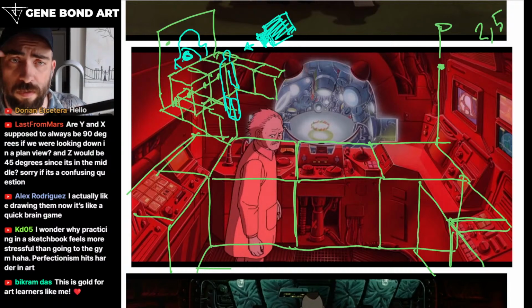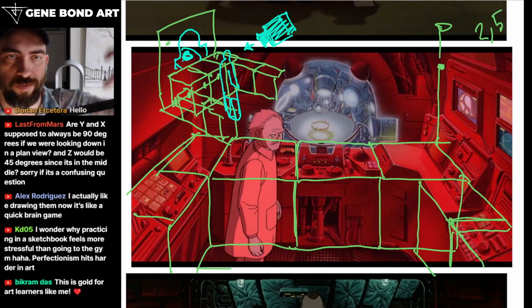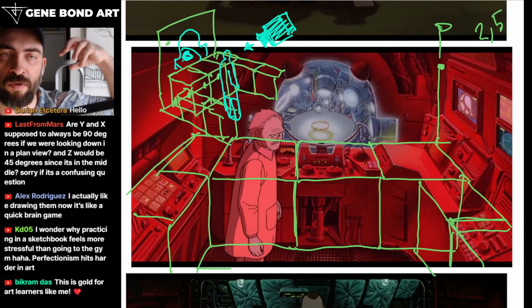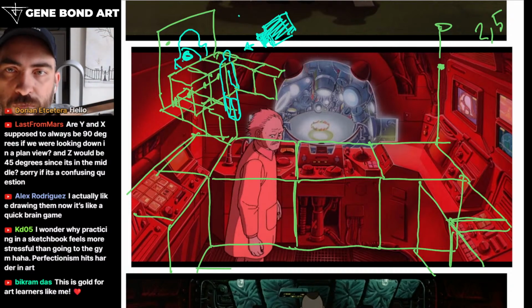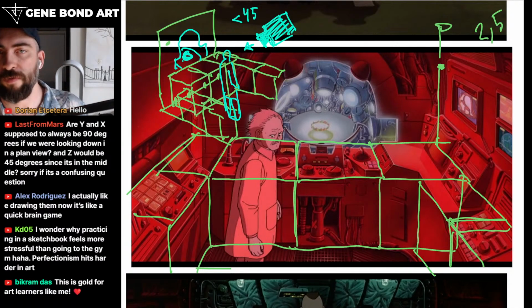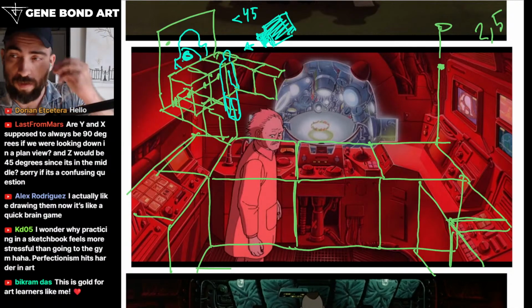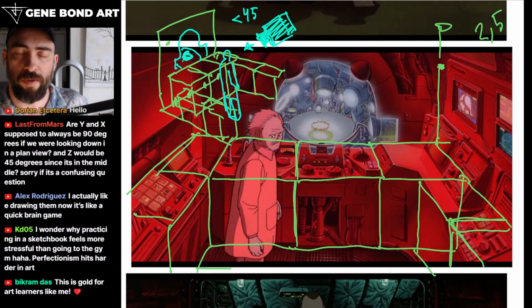I call this angle the security camera angle, because it really looks like this camera mounted in the corner of a wall on the ceiling, at a 45 degree angle, looking down. So it's mind-blowing how easy it became if you just embrace this approach.